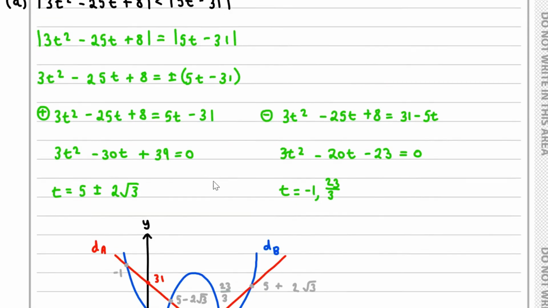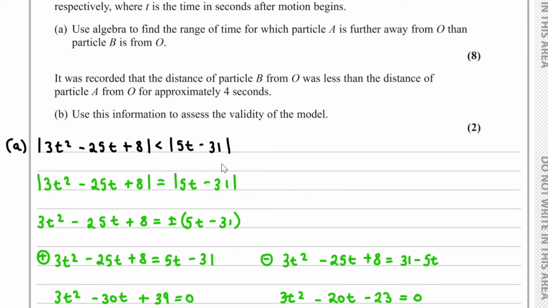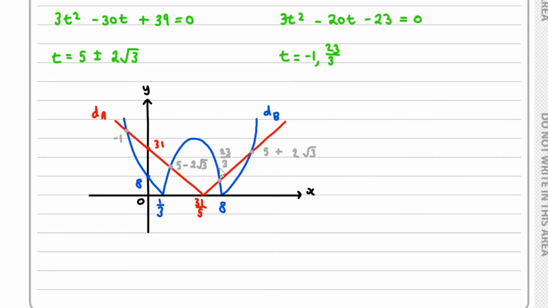So now, if we go back to the original problem, we're looking at where dB is less than dA, and it's less than dA everywhere in between here and also in between here. So therefore, for the solutions to the inequality, we have minus 1, which is less than t, which is less than 5 minus 2 root 3.